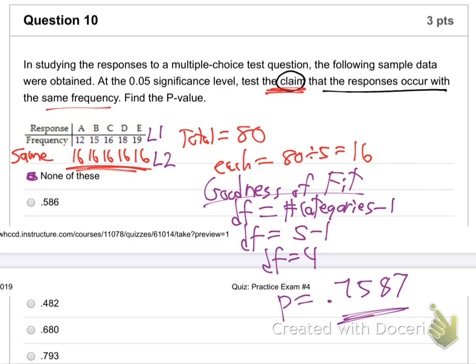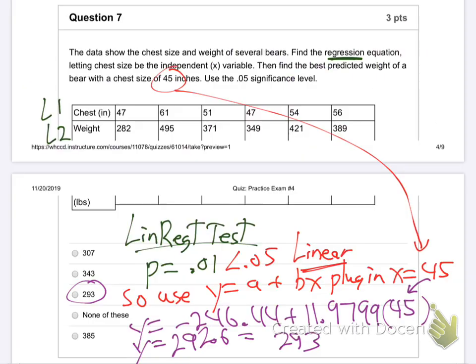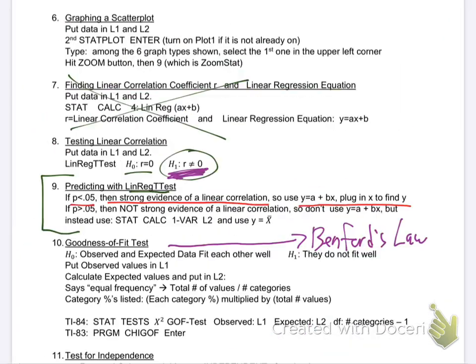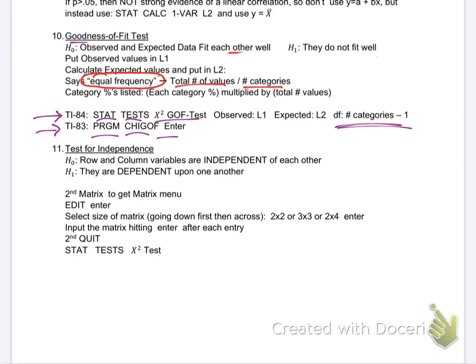All right, so that makes sense that that's goodness of fit. Let me go back real quick to the goodness of fit chart in the exam 4 notes, number 10. You have to calculate the expected values and put them in L2, and there are 2 ways. If it says equal frequency, you do what we just did, total number divided by categories.